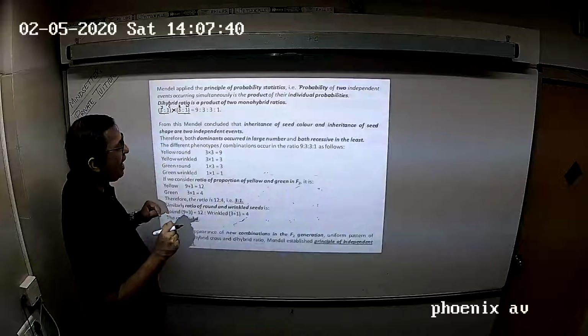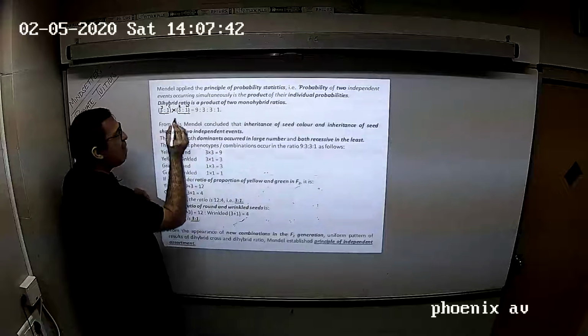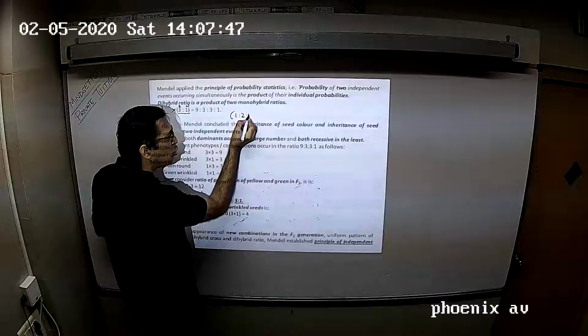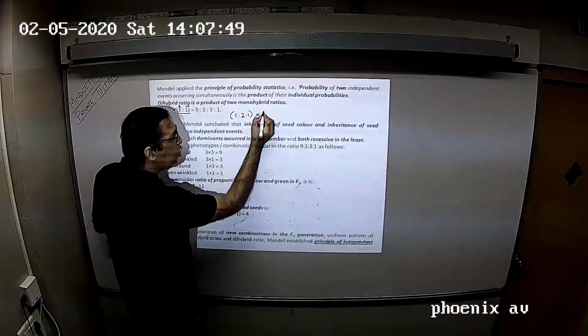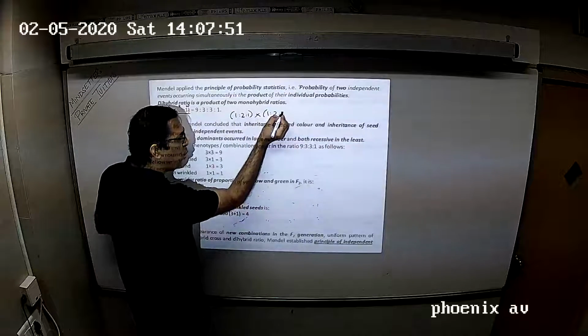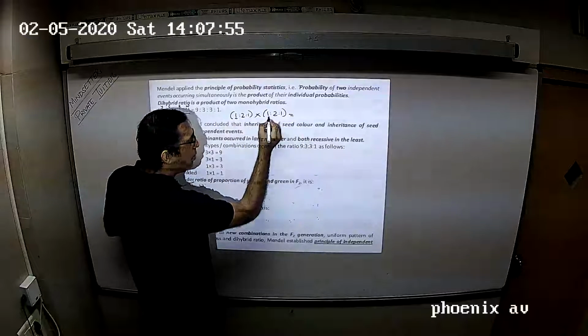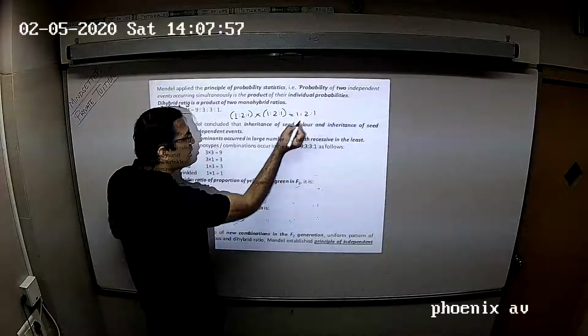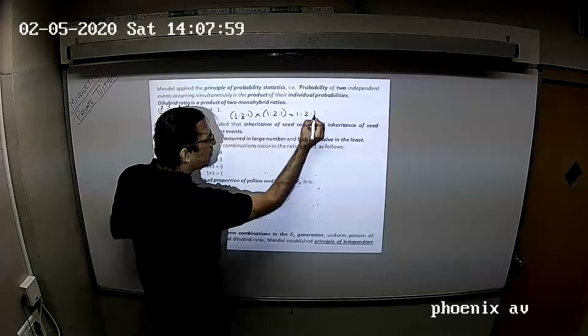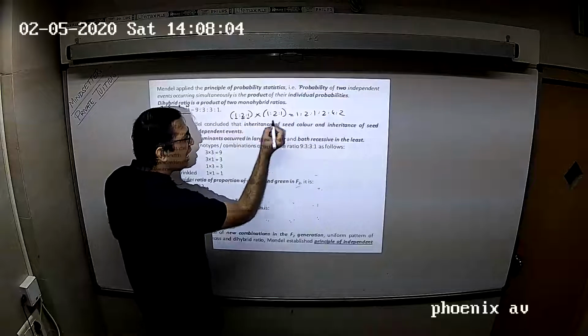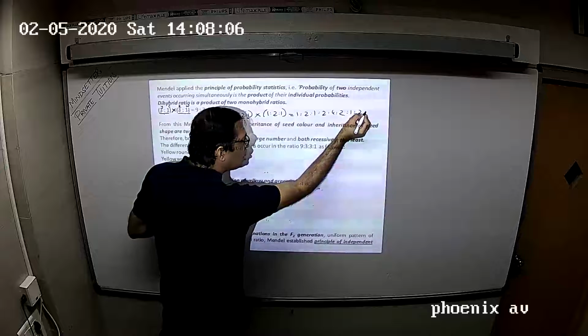As a matter of fact, if we do dihybrid genotypic ratio, 1:2:1 into 1:2:1, so what will that become? This will become 1:2:1, this will become 2:4:2, this will again become 1:2:1.